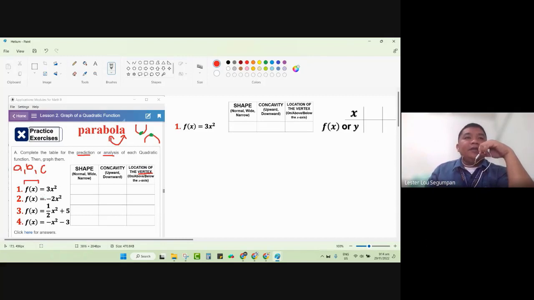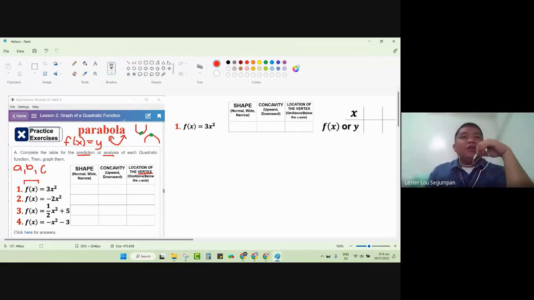If you have read the material, f of x stands for y. So you will have a value for x that would give you a value of f of x, which is ultimately equal to y. If you plot them on the Cartesian plane, you have your x-axis and your y-axis. Definitely, you could look for the coordinates.